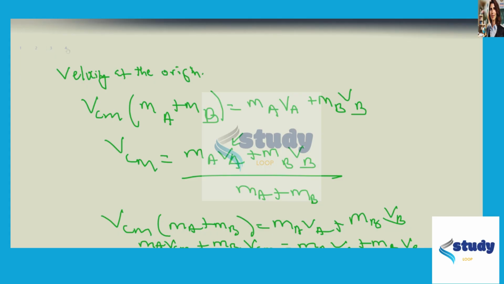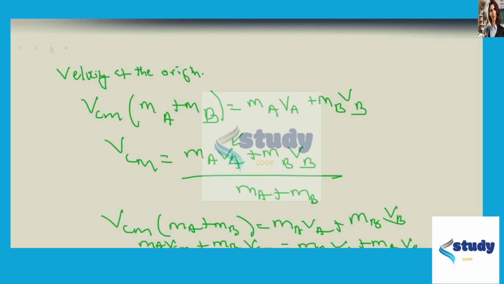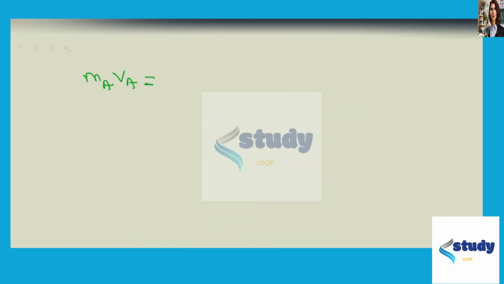So MA VA has to equal, if you look back, MA VCM plus MB VCM.